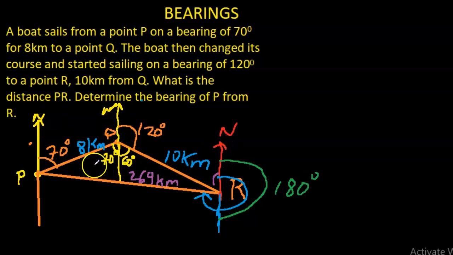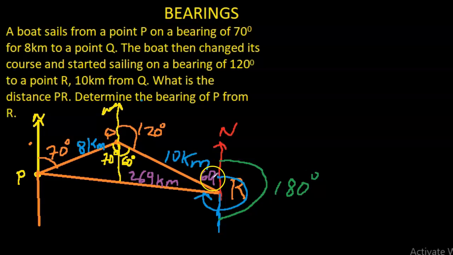All the direction lines are parallel. So if this angle is 60, then the alternate angle will also be 60. We know this is 80. We need now to get this angle.